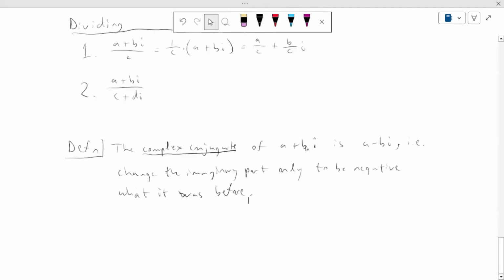Now B could be a positive or a negative number here, so the complex conjugate of that could then be the positive version of that. So whatever B is, you're essentially multiplying it by negative 1. So these are complex conjugates of each other.